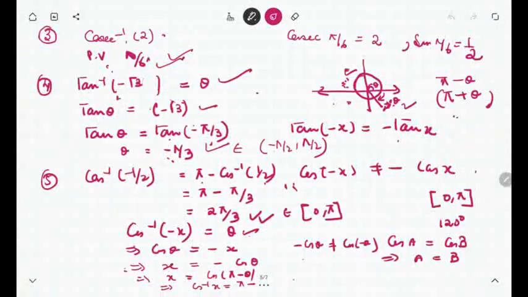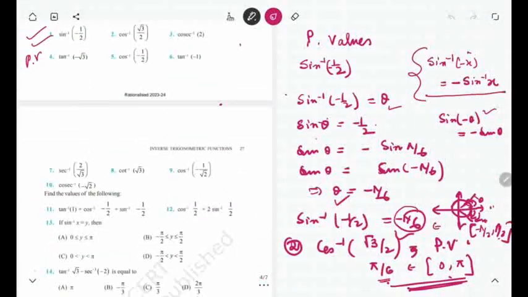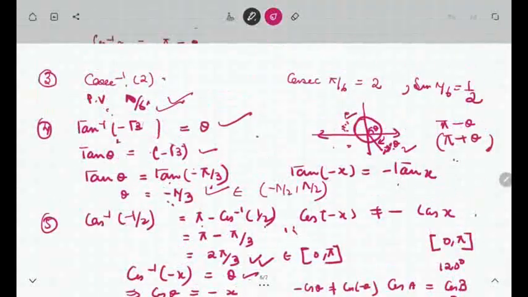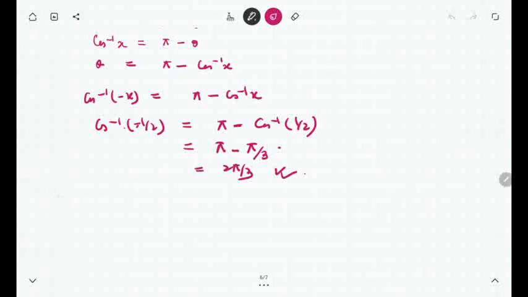Now the next question is tan inverse minus 1. Next question is the sixth question, I suppose. Tan inverse minus 1 is equal to minus tan inverse 1. Why?